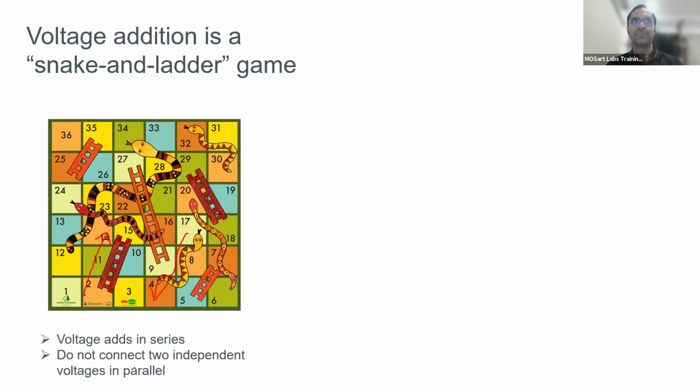So a ladder is a positive voltage source, and a snake is a negative voltage source.